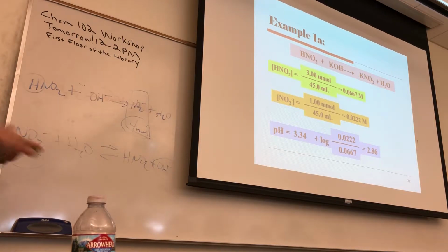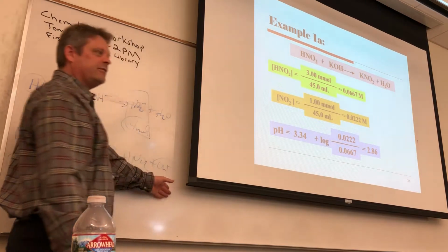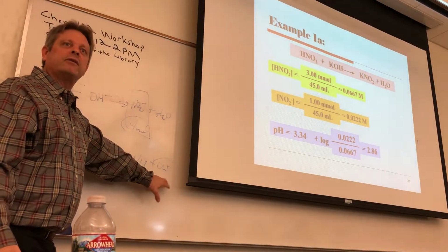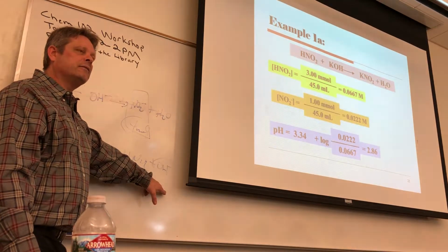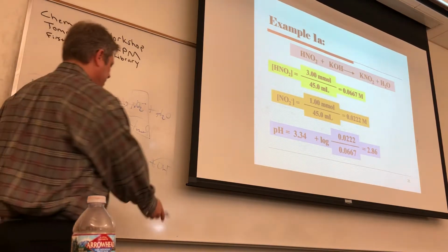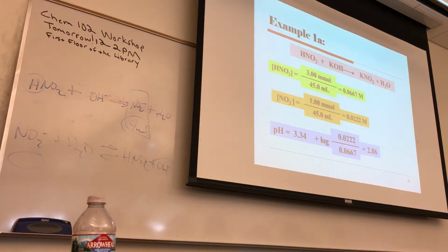Then from that, subtract x, add x. I find the OH concentration through the same techniques we learned originally with the ICE chart. It's 1 to 1, so this is plus x, this minus x. Sound familiar?